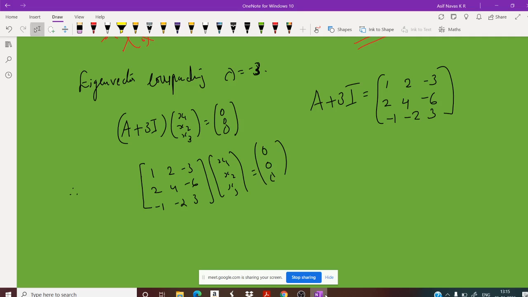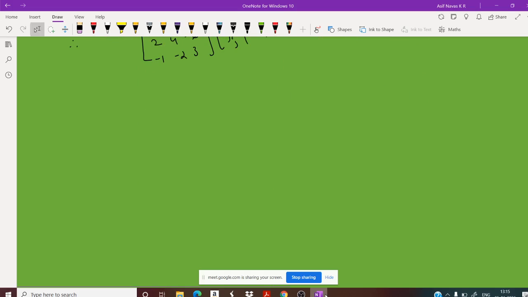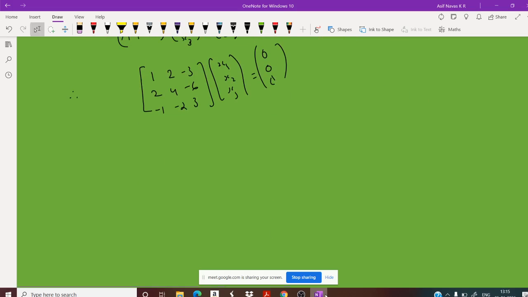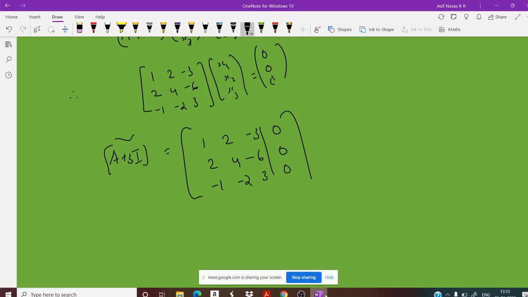Now you write down the augmented matrix and find row echelon form: 1, 2, minus 3, 0; 2, 4, minus 6, 0; minus 1, minus 2, 3, 0.